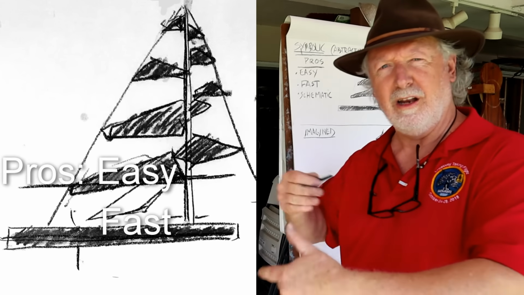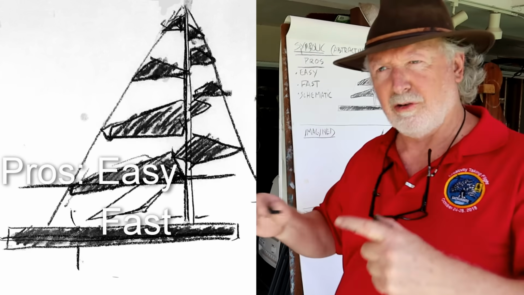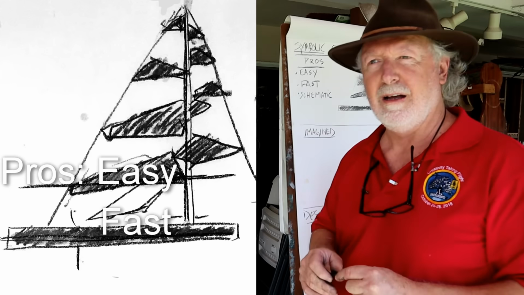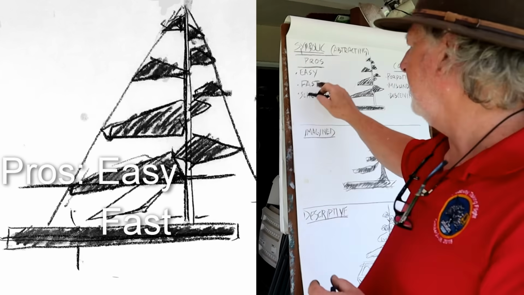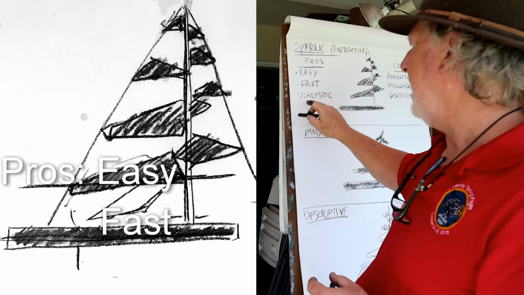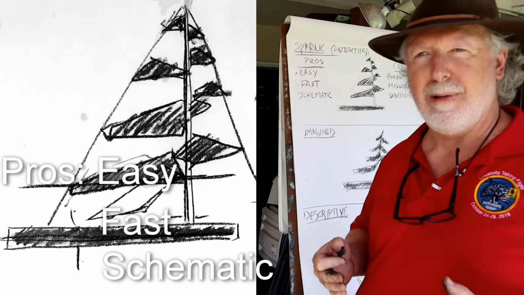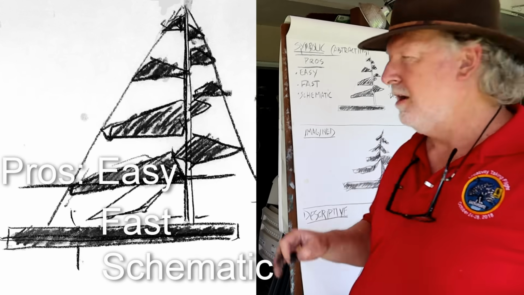Obviously a tree is in a three-dimensional sense, so we're working in a two-dimensional sense, so there's some limitations there. That would happen with all these drawings. And I want to talk about space at one time, but right now just understand that it's easy and fast, and it's schematic. In other words, it gives you a real good road map on what you need to do to your tree if you draw that out.